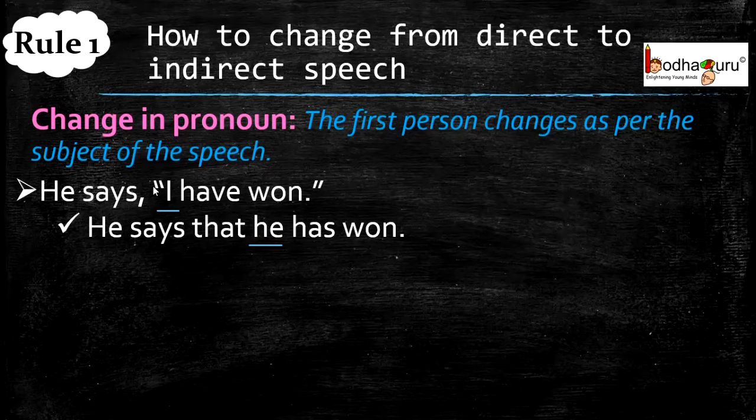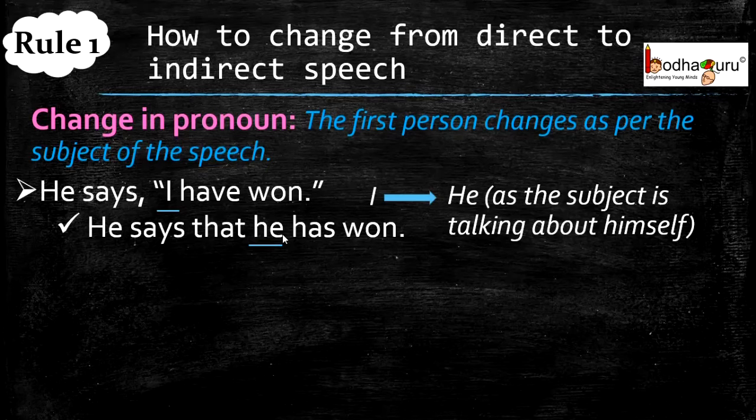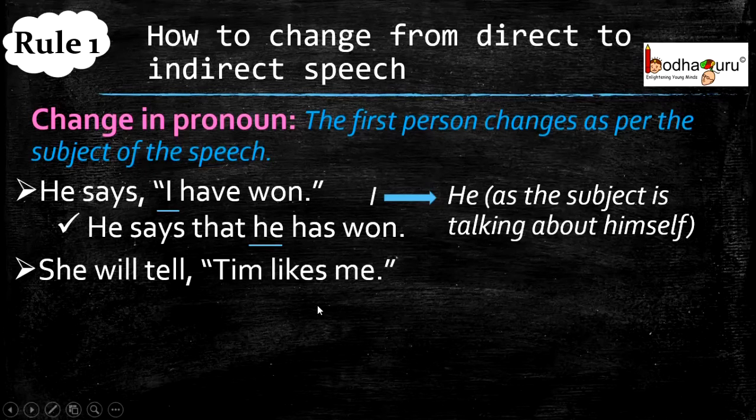And what was the rule? That the first person changes as per the subject of the speech. The subject here is he, and hence I becomes he in the indirect speech. The subject here is talking about himself, so I becomes he. Next example, she will tell, "Tim likes me."